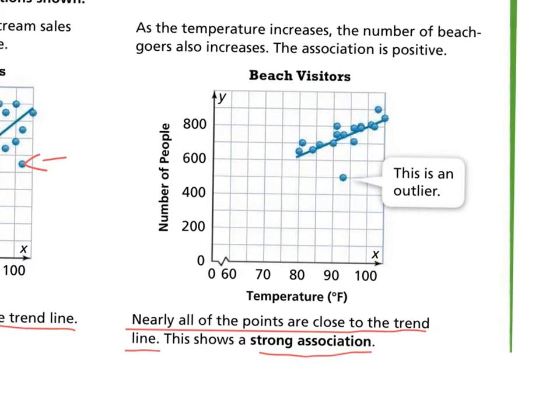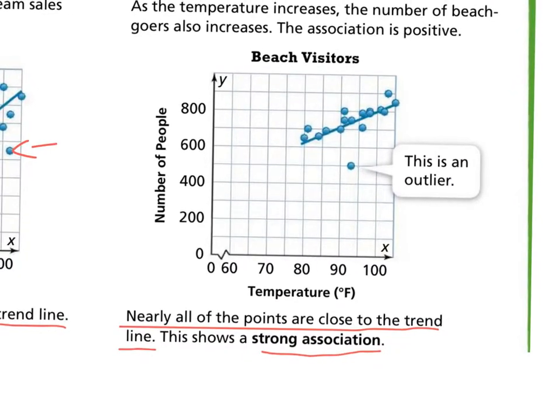And then we look at the beach visitors. We do have one outlier there, but if you'll notice, those points are really close to this line that we can draw. They're really close to that trend line, so we could say that is a strong association. It's a strong positive association.